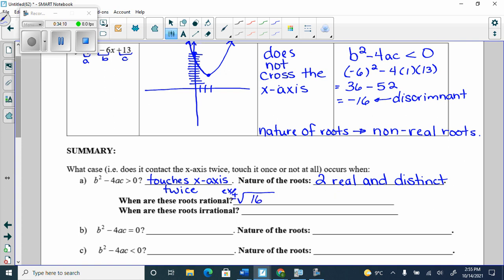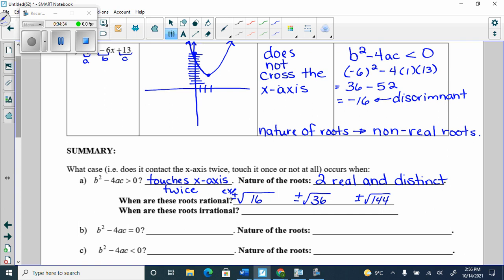Then I'm going to get plus or minus 4, right? Or if what's under my square root is 36, then I'm going to add or minus 6, right? Or if it's like 144, I'm going to add or minus 12, correct? So that's when you're going to get a rational root, one that's not a crazy decimal answer, is when they're perfect squares. Like square root of 16, square root of 36, square root of 49, square root of 144.